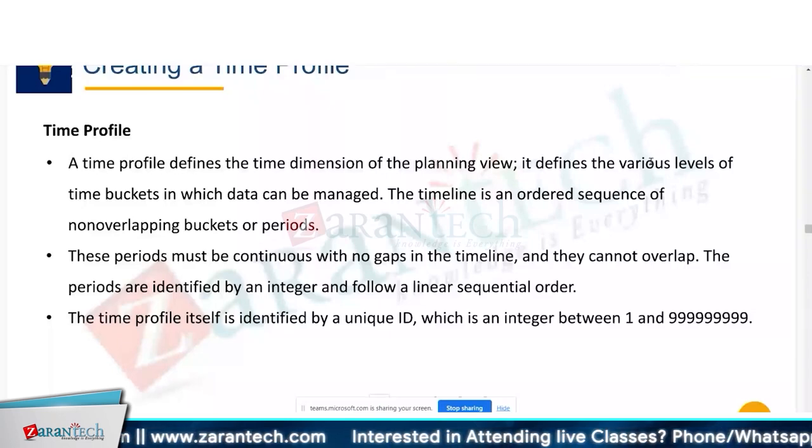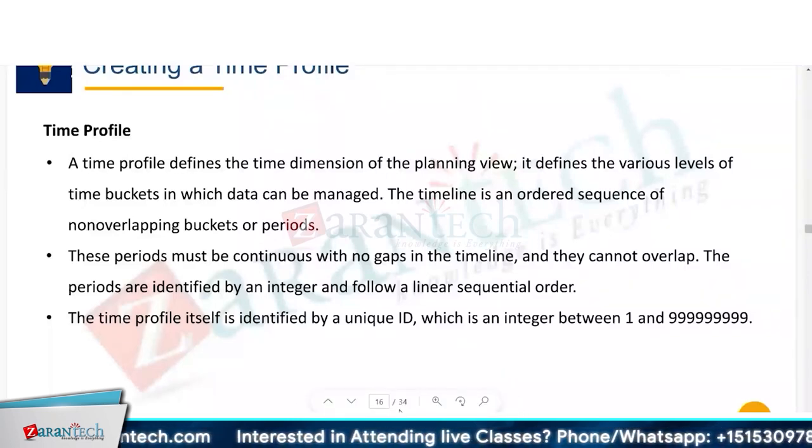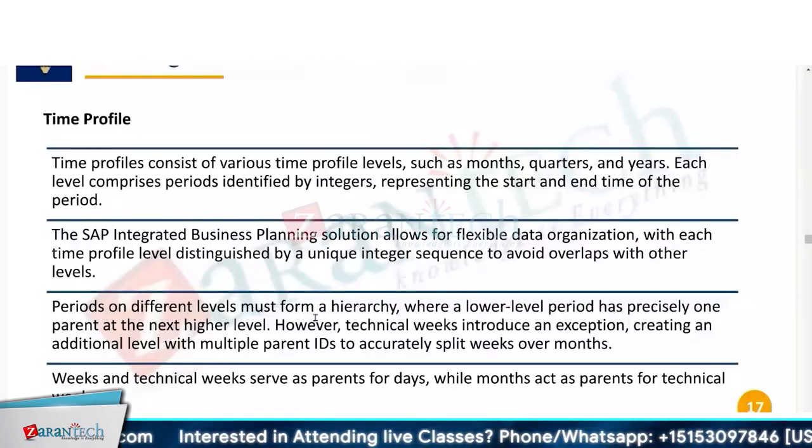The time profile itself is identified by a unique ID, which is an integer between 0 and 999999. It is always based on the calendar. As we have seen, the time profile consists of various time profile levels such as months, quarters, years, weeks, fiscal years, fiscal quarters, and fiscal months. All the possible combinations can be factored in here at the master data level.